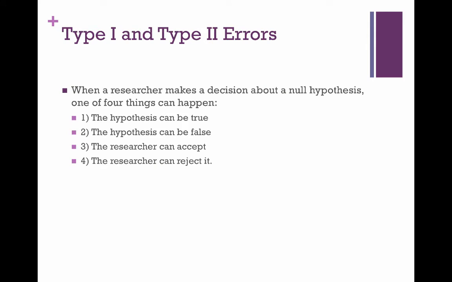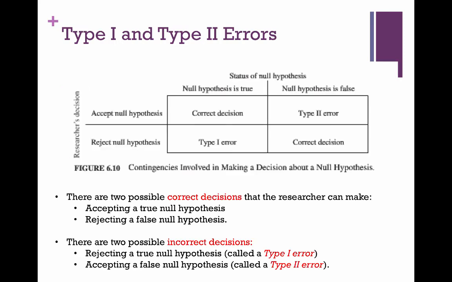Type 1 and Type 2 errors. When a researcher makes a decision about a null hypothesis, one of four things can happen. The hypothesis can be true, the hypothesis can be false, the researcher can accept it, or the researcher can reject it. There are two possible correct decisions that the researcher can make.